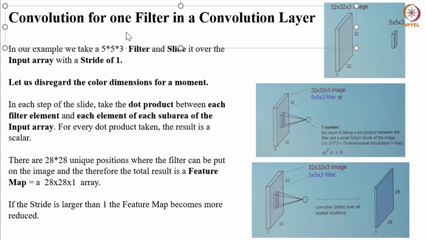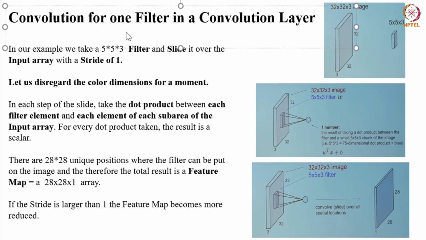And normally we talk about filters of a limited size. They could be 5 times 5, they could be 3 times 3, and so on. And the idea is that, in analogy with how we calculated the mathematical convolution, we should let this filter slide across in a systematic fashion across the whole input array.